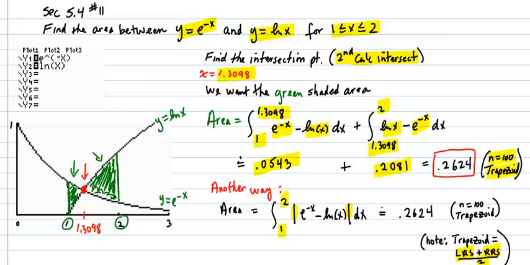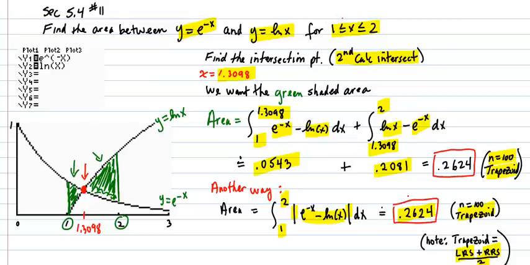So we just run this absolute value, and that makes sure that the values of this subtraction are positive, and we run the trapezoid method with n equals 100 intervals, and you get the same value.